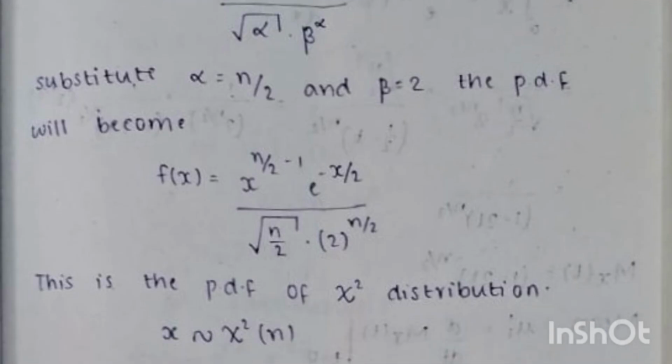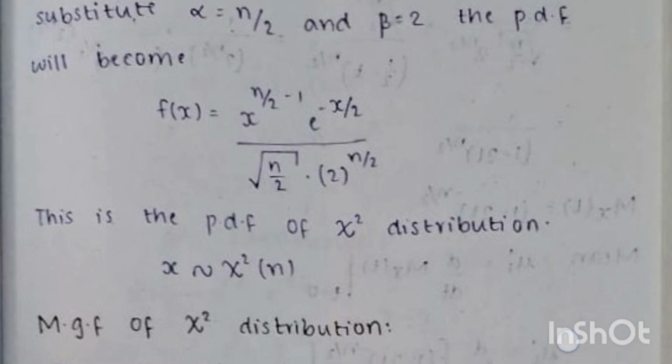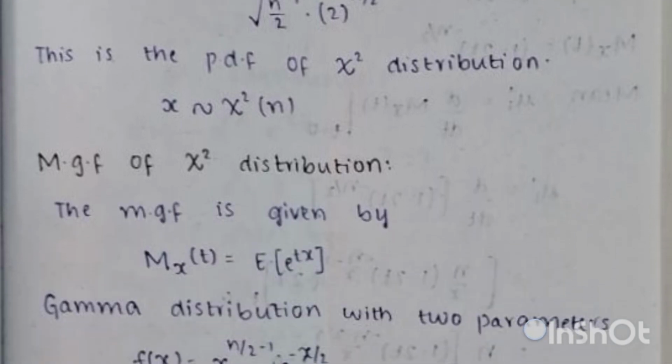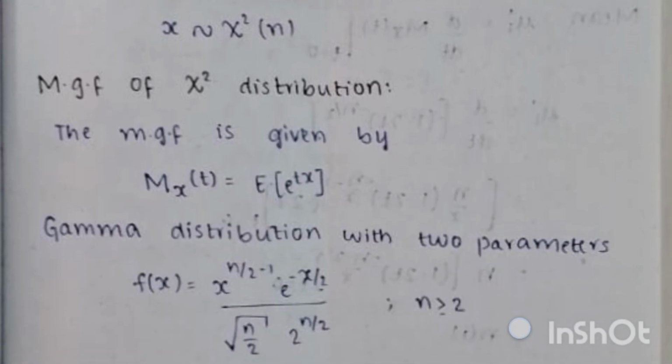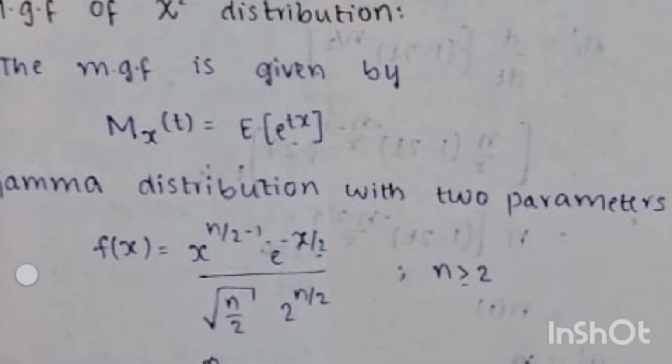This is the PDF of the chi-square distribution. Mathematically, we write x follows chi-square with n degrees of freedom. Here n or n minus 1 is called the degrees of freedom. The mean and variance we can evaluate from the moment generating function, which you already learned in previous examinations.